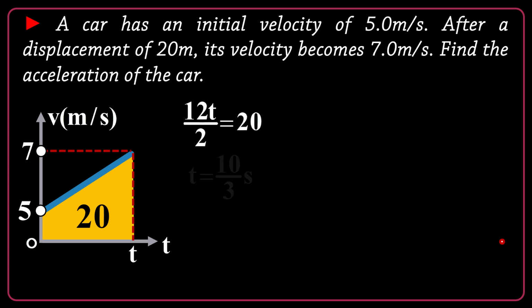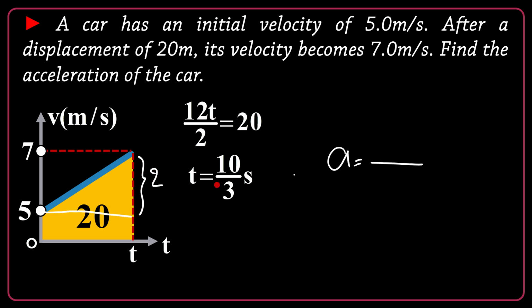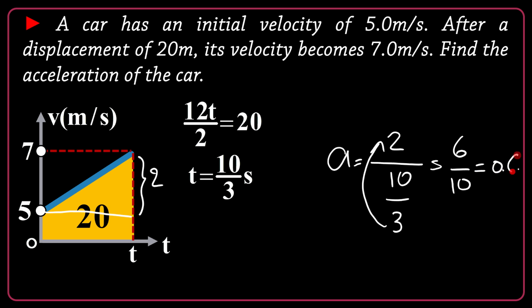Now I know the time. Then I should find the slope again. The slope will be rise 2 over run. Now t is 10 over 3. So it will be 6 over 10 or 0.6 meters per second squared.